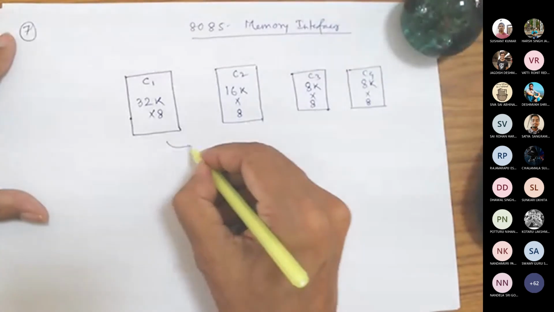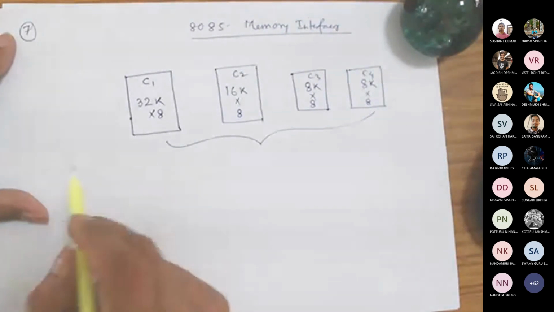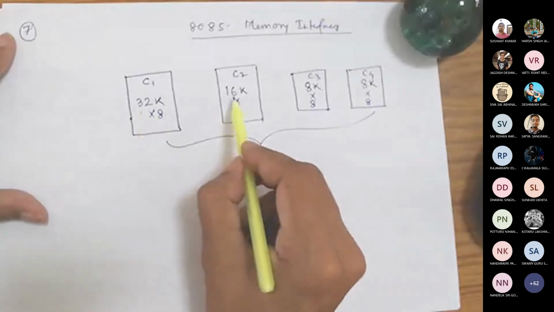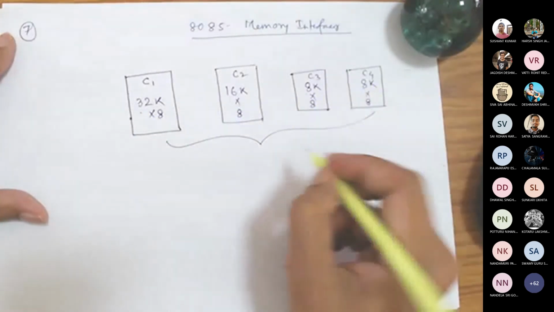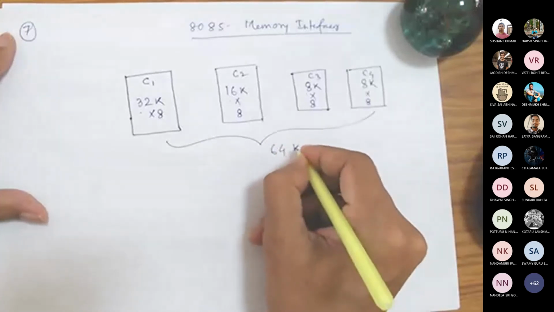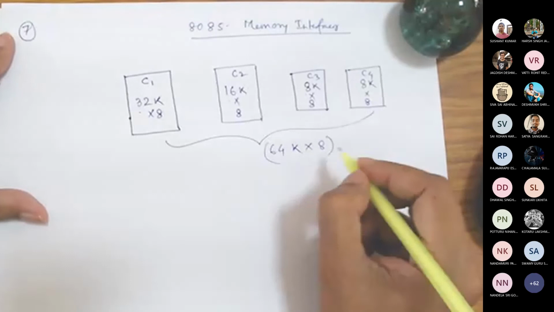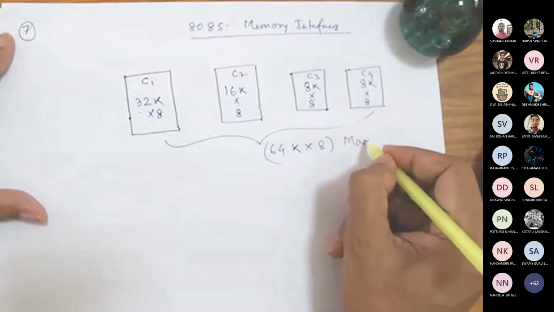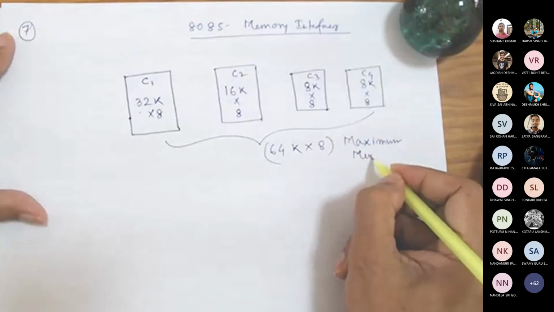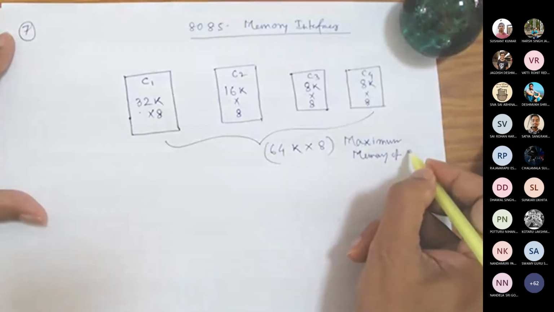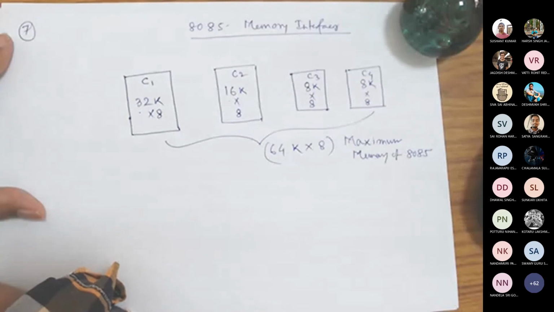Total: 32K plus 16K is 48K, plus 8 is 56K, plus 8 is 64K. So we have 64K into 8, which is the maximum memory. We cannot interface more than that.